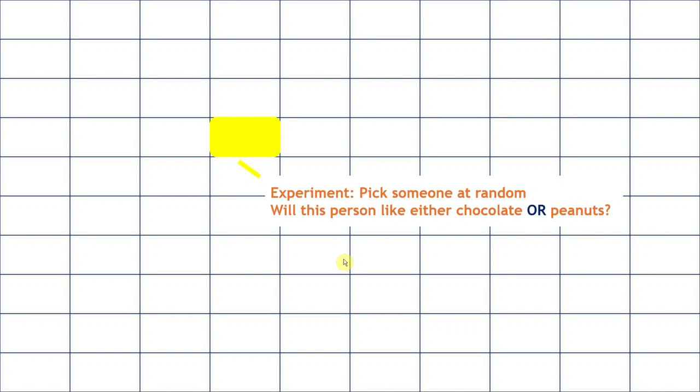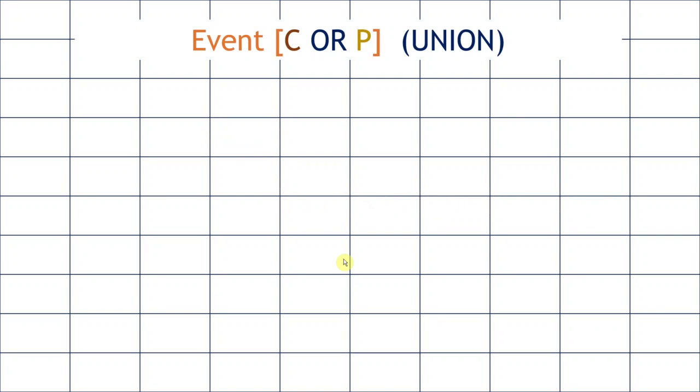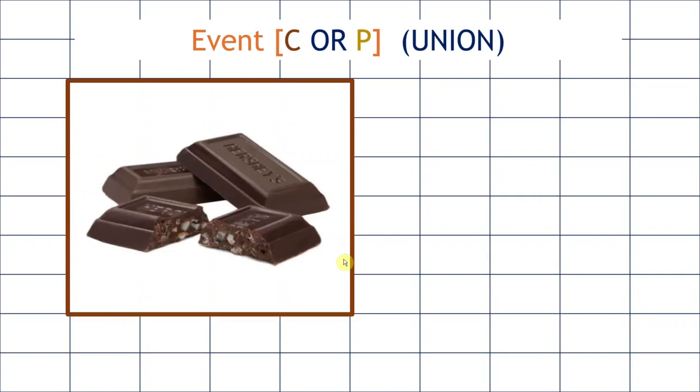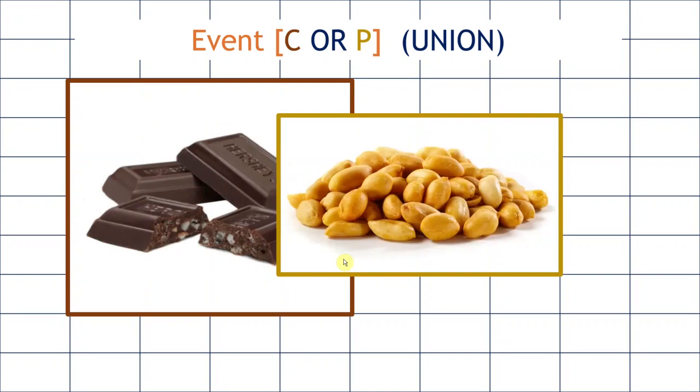Okay, the next experiment is to pick somebody at random to see if this person will like either chocolate or peanuts. Or is also called union. And union is a lot more inclusive across these two subsets.